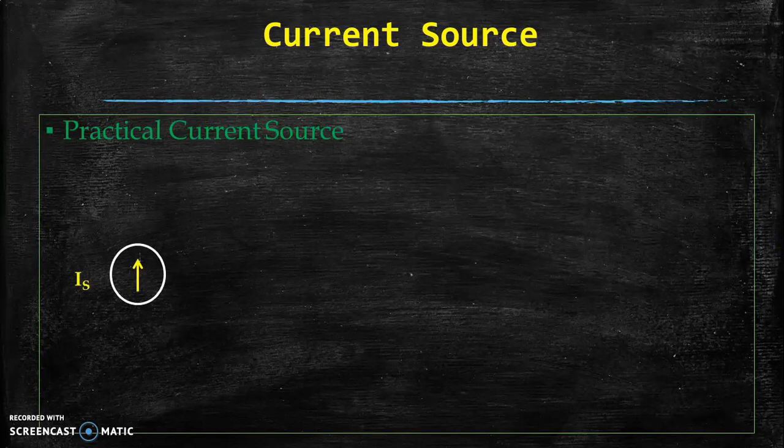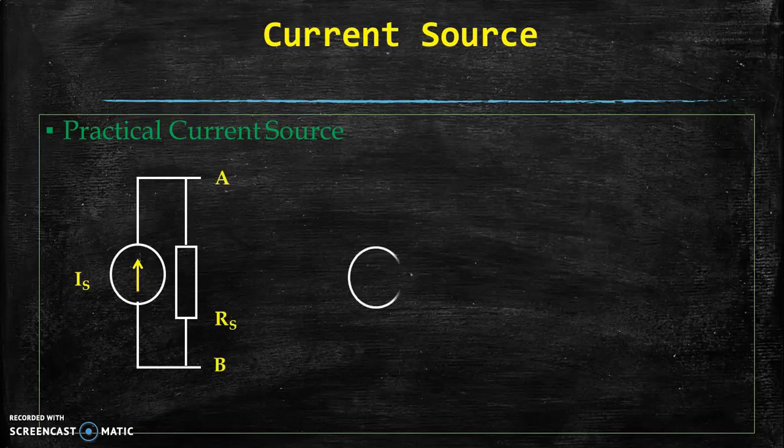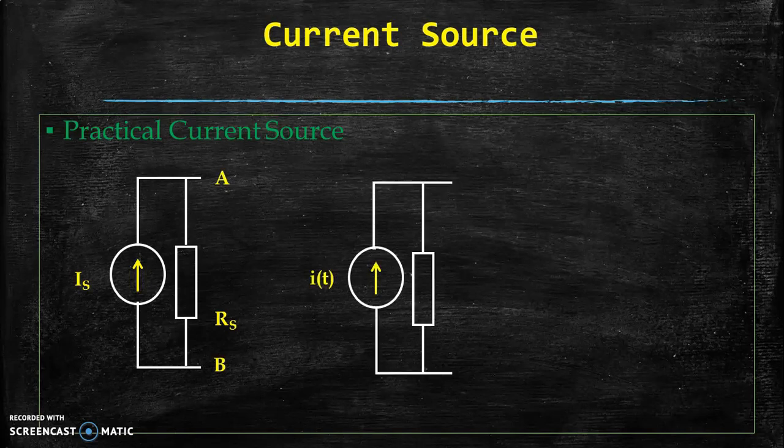We have DC current source and a certain amount of resistance, that is the internal resistance, connected across the source. And in the same way, in case of AC current source, some internal impedance is connected across the source.